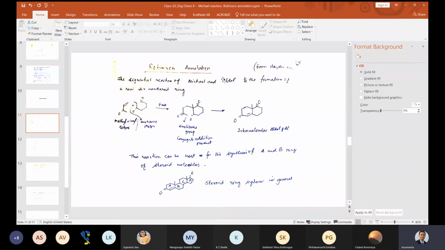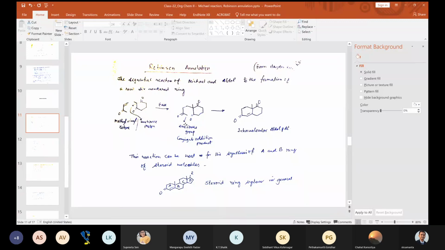Basically the aldol condensation. We take first this kind of a compound and a Michael acceptor here. This proton is already acidic because of these two ketone groups. You take a base, this proton is picked up, forms a negative charge, and attacks at this center, so that you get this compound. Now you have an acidic, enolizable proton here.